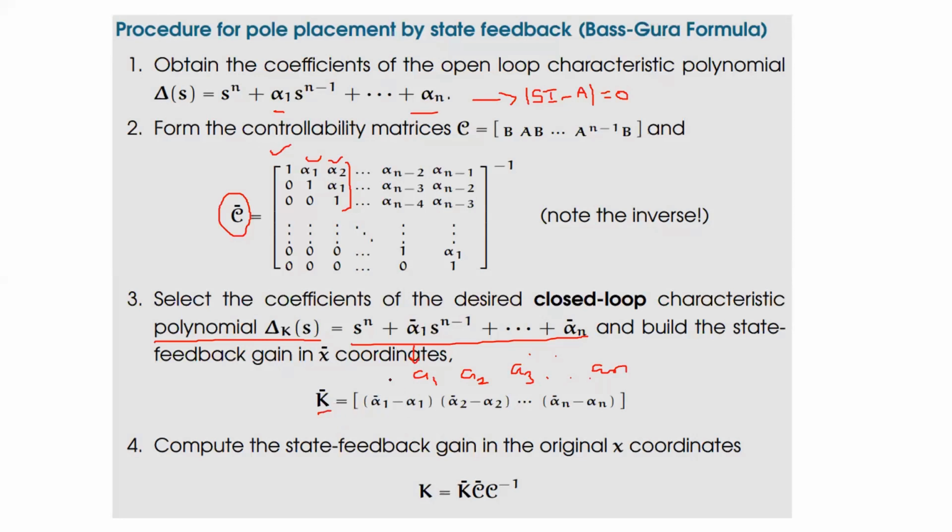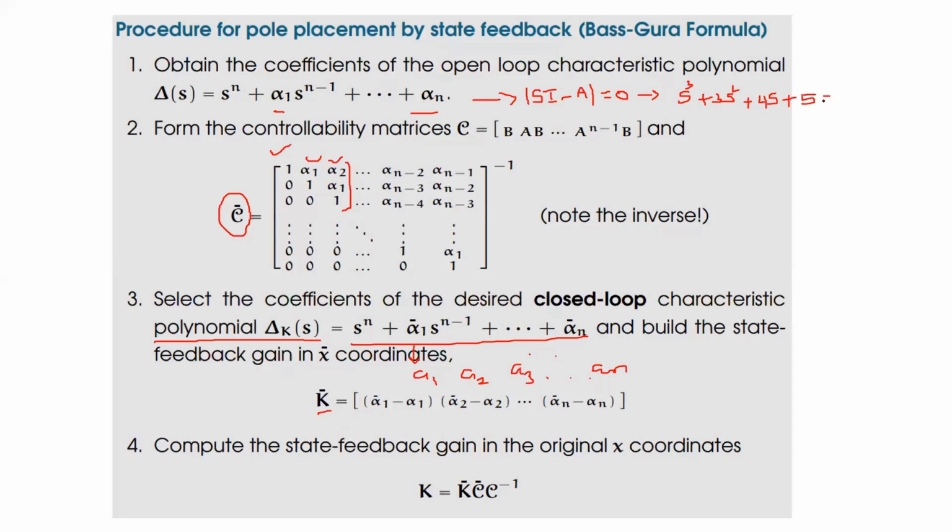K bar is equal to the subtraction of both the polynomial values. Suppose it is a 3 by 3 system. Let me take a small example. Suppose I have s cube plus 6s square plus 4s plus 5 equal to 0.